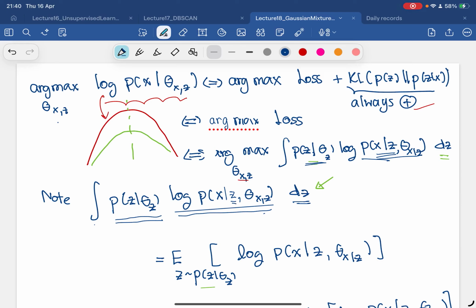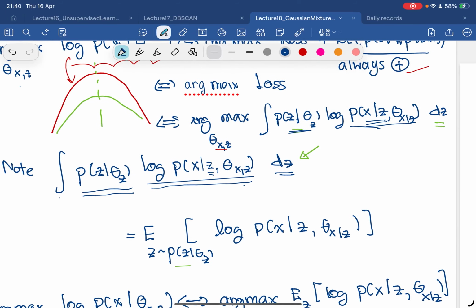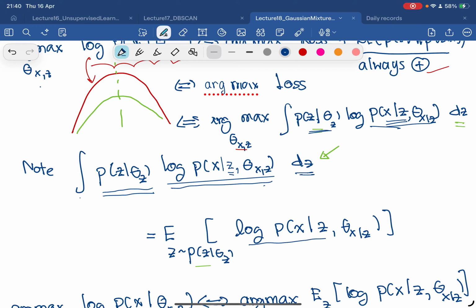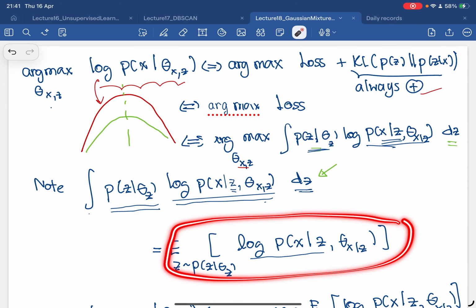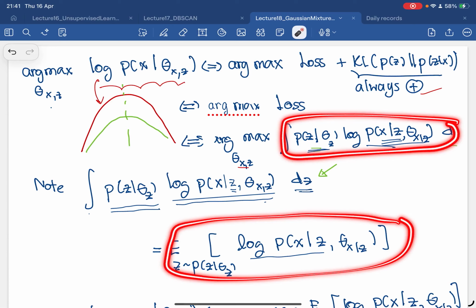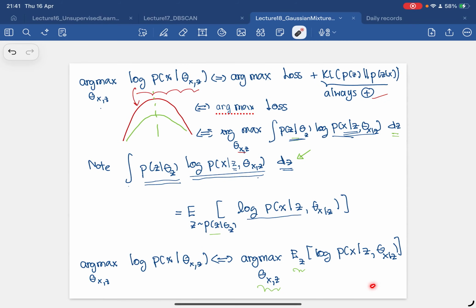So the only way for you to simplify this term is to look at it as an expectation of the log of probability of x given z, and that expectation is done over the probability of z. Yeah, that's the best you can do. And because this is actually your loss function here, now you are doing the maximization of expectation, and that is the name, expectation maximization.